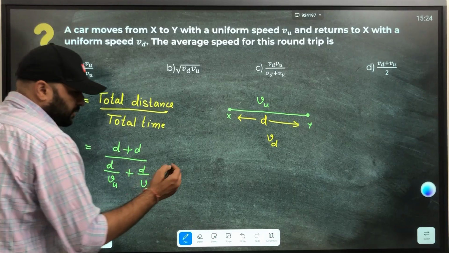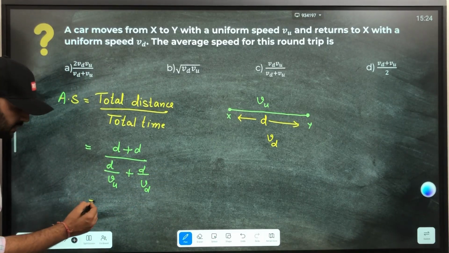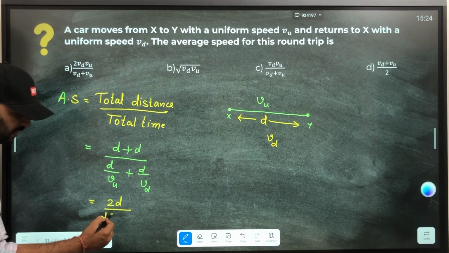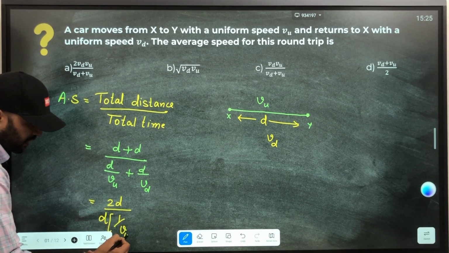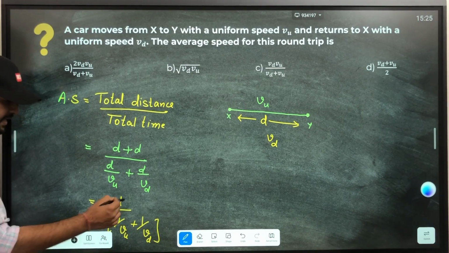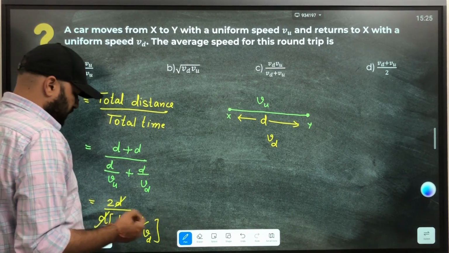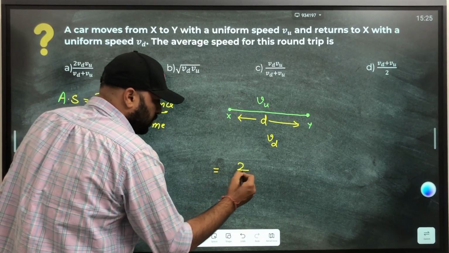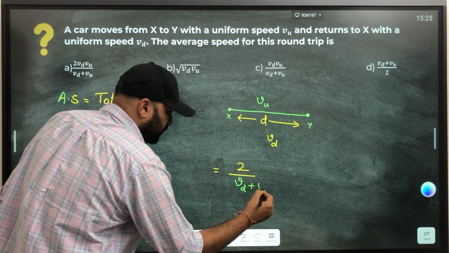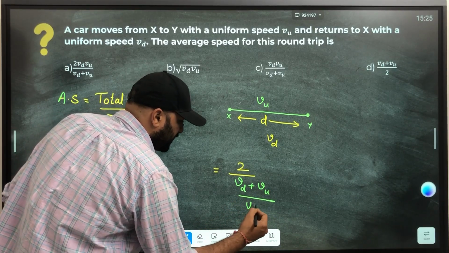Let me come back to this. When you take d plus d, it will be 2d divided by, taking d common, 1 by vu plus 1 by vd. So d and d get cancelled, and taking the LCM and cross multiplying, we get 2 divided by (vd plus vu) over vd vu.